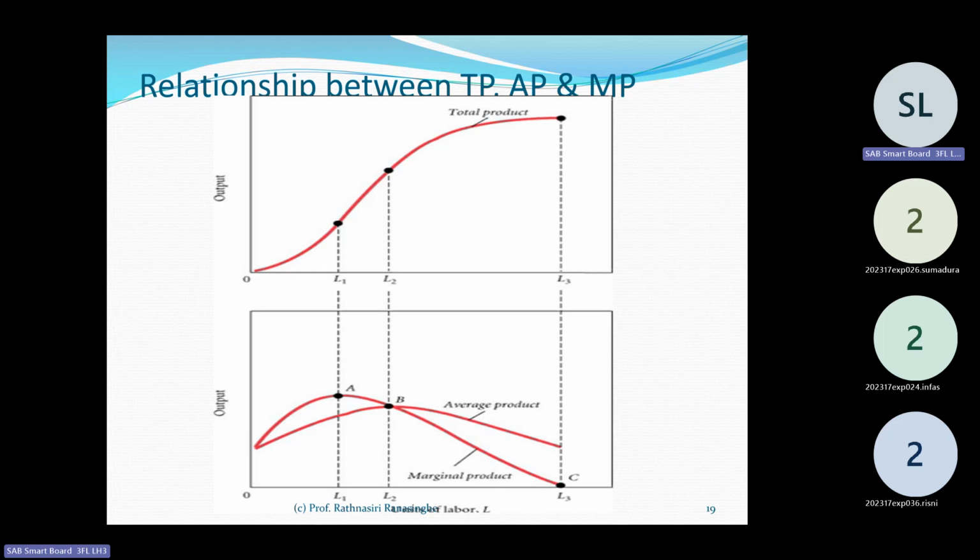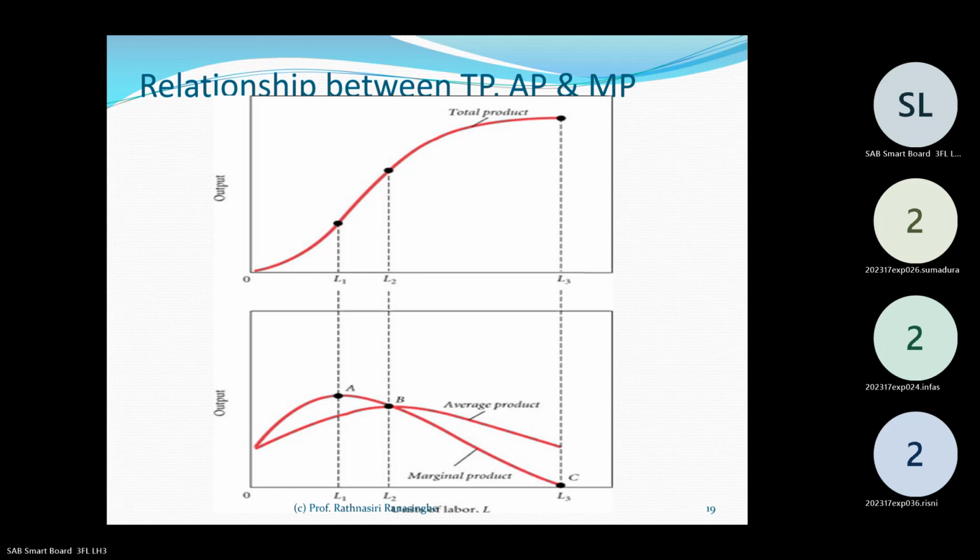Then at this point, the line becomes tangent to the curve, which is the maximum point of the average product. At that point, marginal product and average product are equal, because the slope of the line drawn from the origin and the slope at the tangent point are the same.